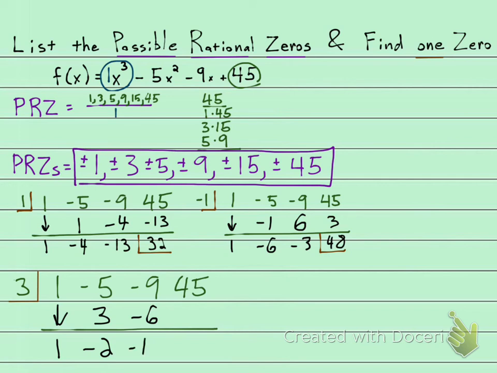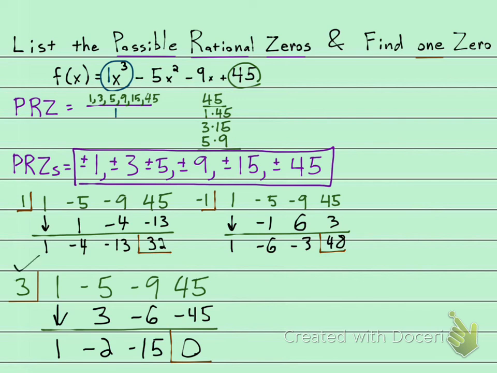Negative 15 multiply, negative 45. Here we go. Got it. 45 plus a negative 45 gives you a 0 remainder. Okay, so here is one of my zeros, 3.